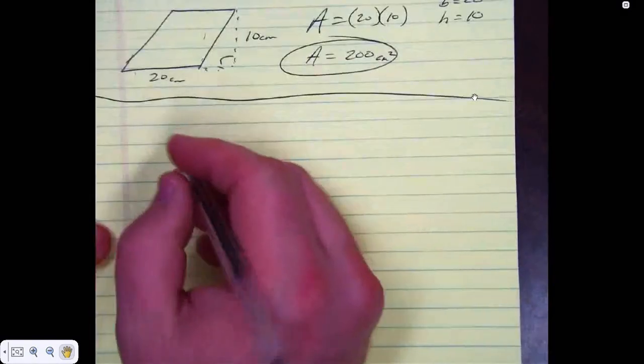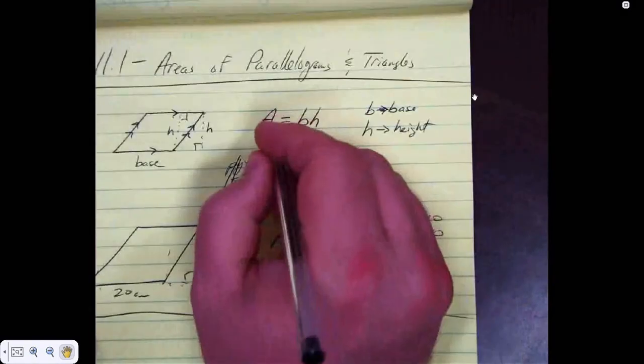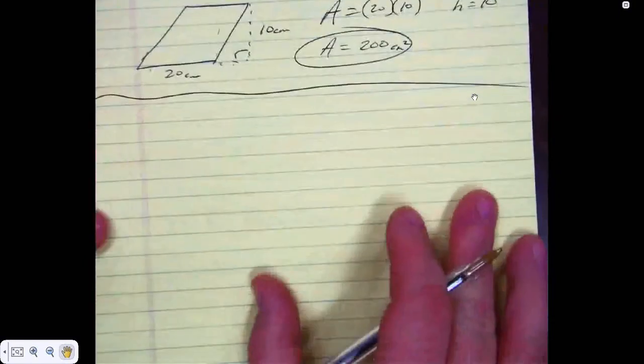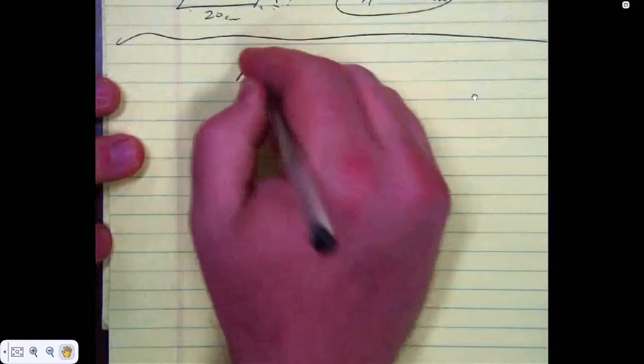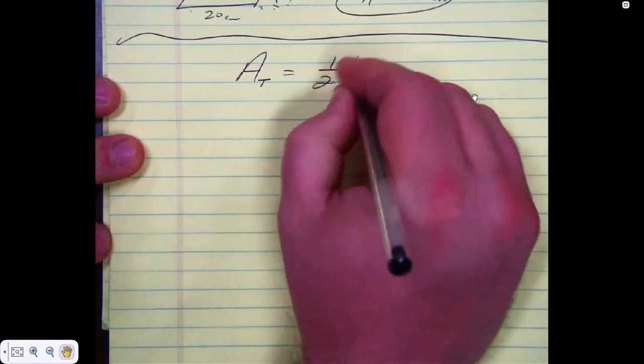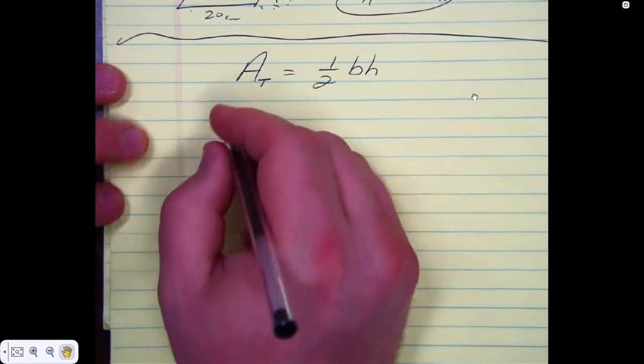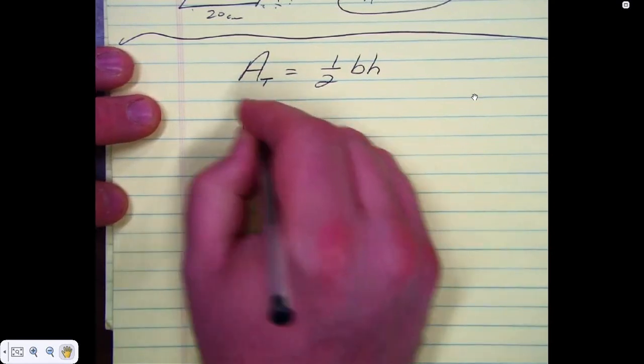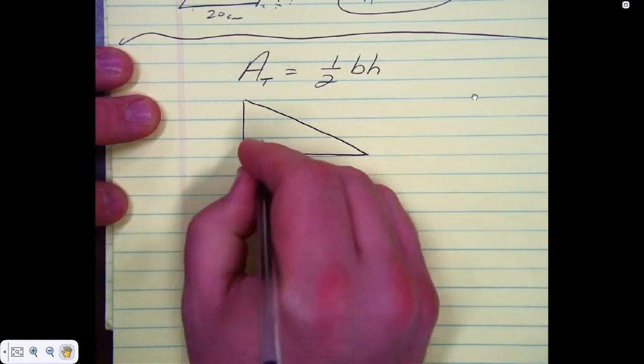Now, and we'll put area of a P for parallelogram. Now, to find the area of a triangle, it's 1/2 base times height. Now, this becomes pretty easy when they give you a right triangle. Why?